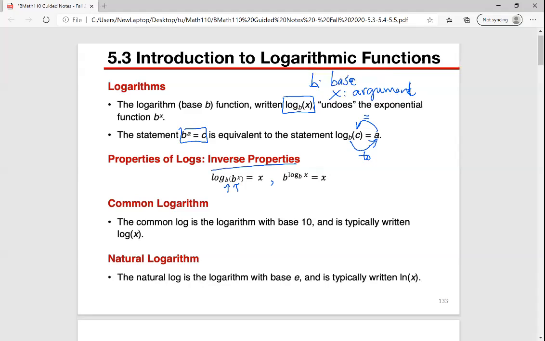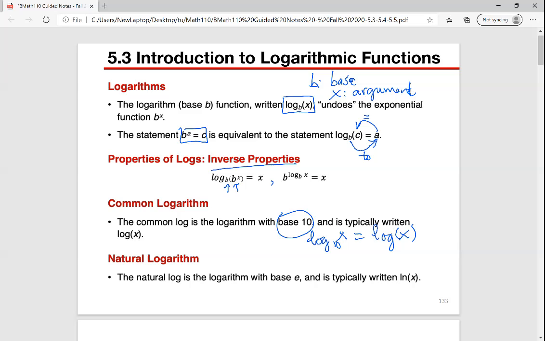It actually means base 10. So if you have log base 10 of x, I can rewrite it as log x only. There is a hidden base 10 in here.